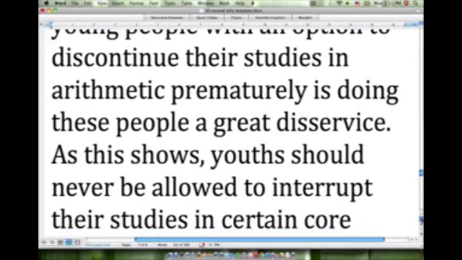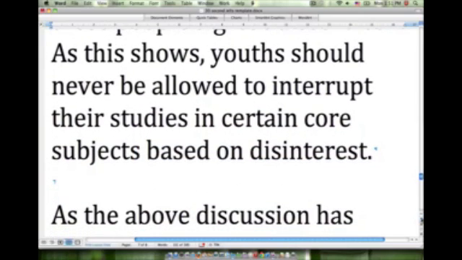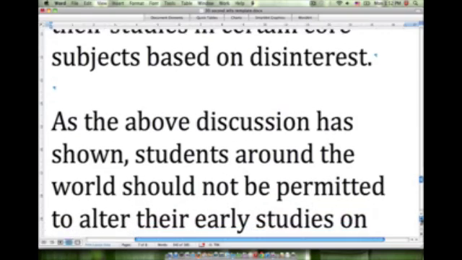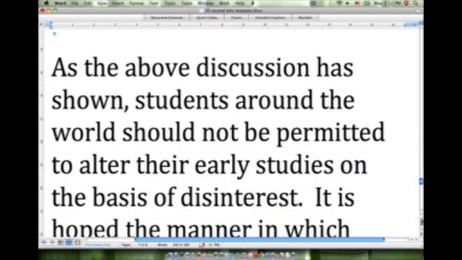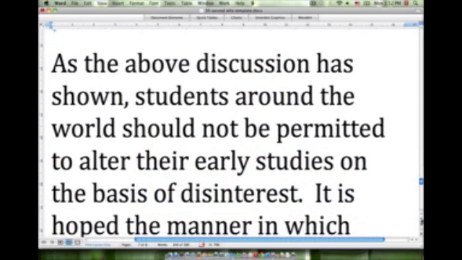As this shows, youths should never be allowed to interrupt their studies in certain core subjects based on disinterest. As the above discussion has shown, students around the world should not be permitted to alter their early studies on the basis of disinterest.